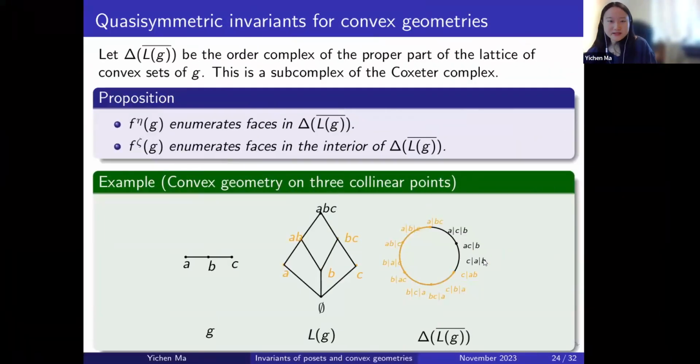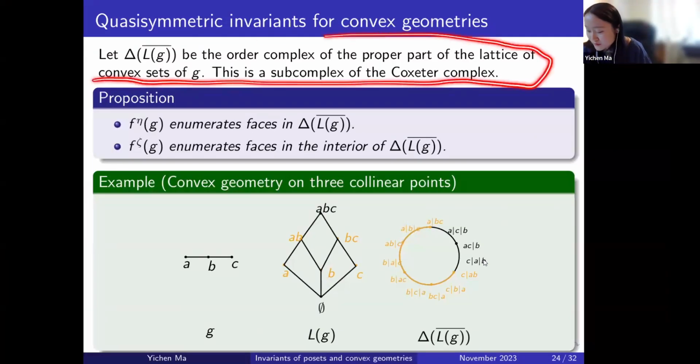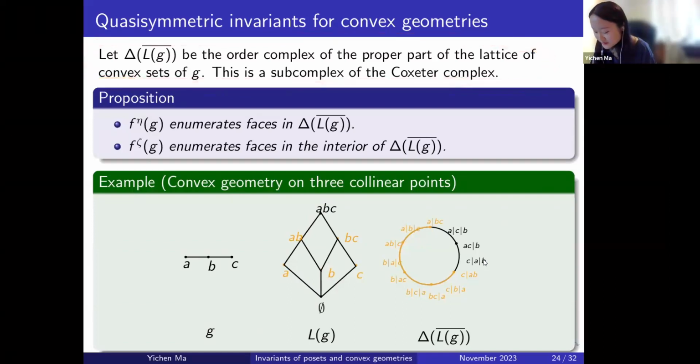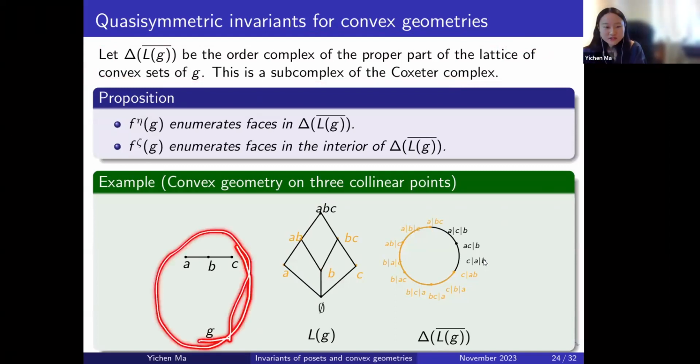So let's discuss what's happening here. To introduce this, I don't want to read this sentence. I just want to use this example to describe what this sentence discusses. First, we have a convex geometry G, and we use this 3 collinear points example.